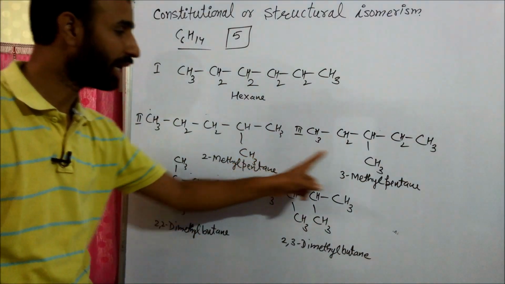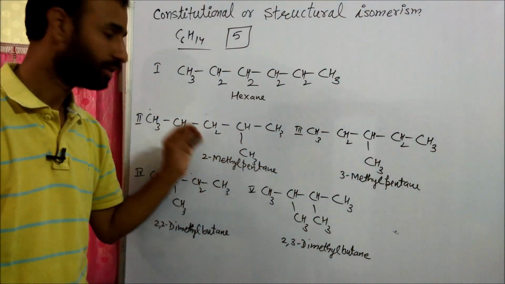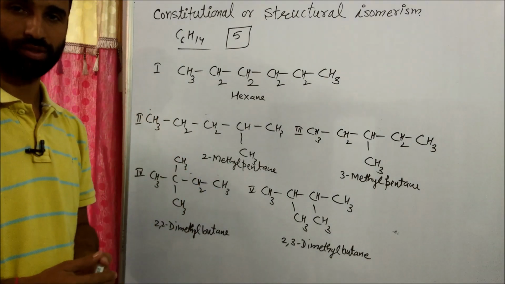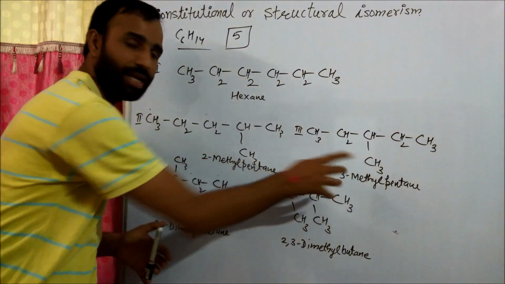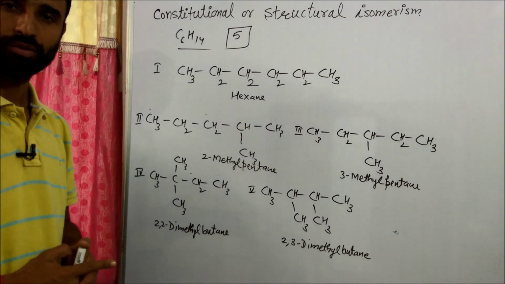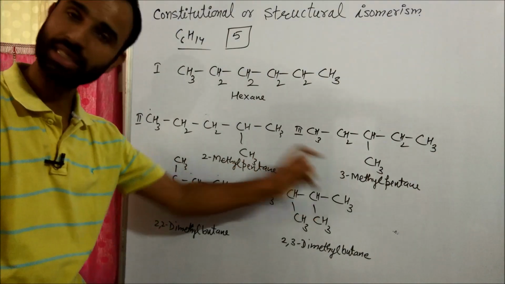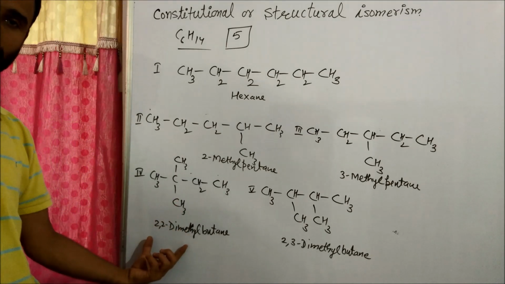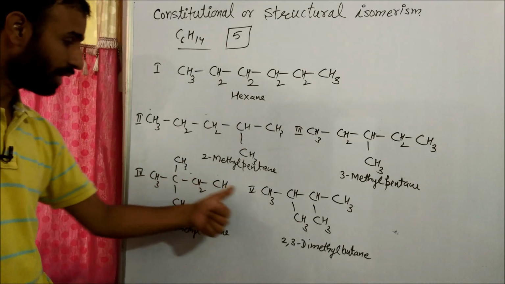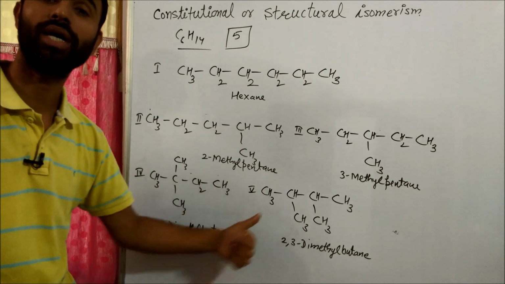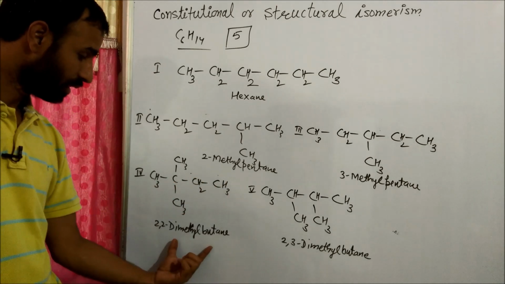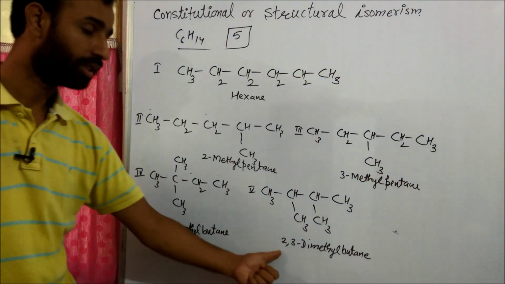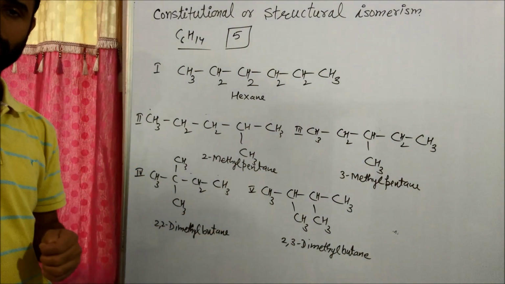Only the position of methyl changes. They are position isomers because the word root remains the same, but the position of methyl changes, so they are positional isomers. What about this? Again the same. 4 and 5 again are positional isomers because this is dimethylbutane, but it is 2,2 and 2,3.